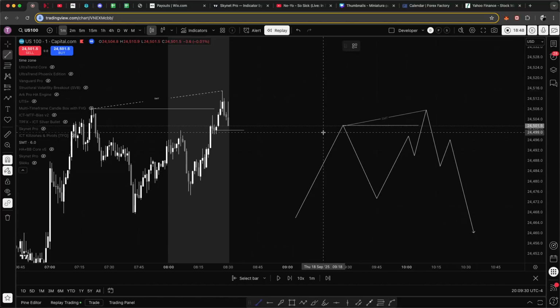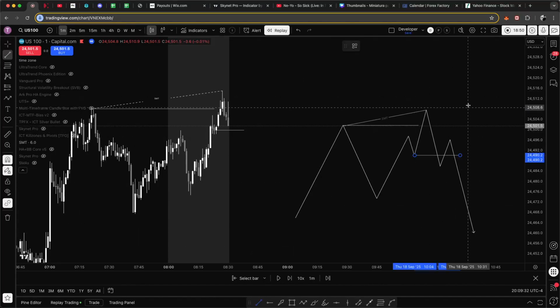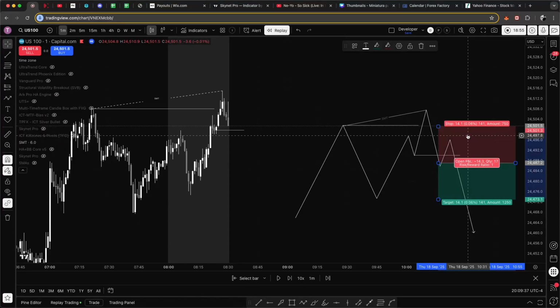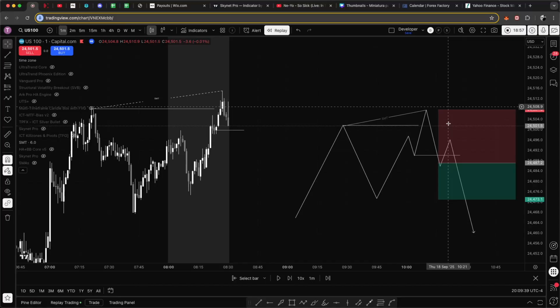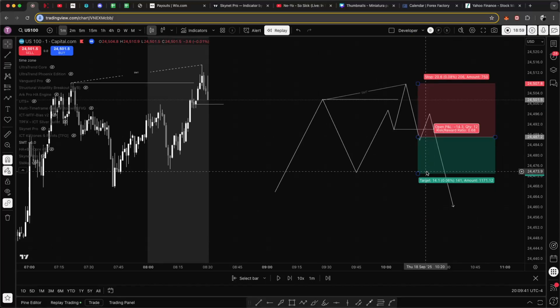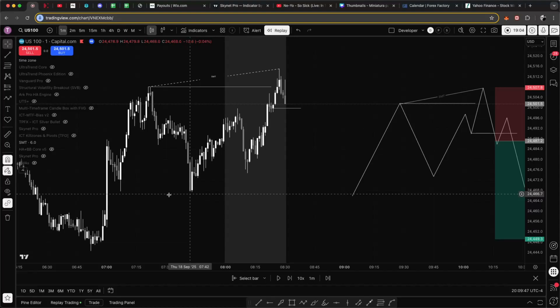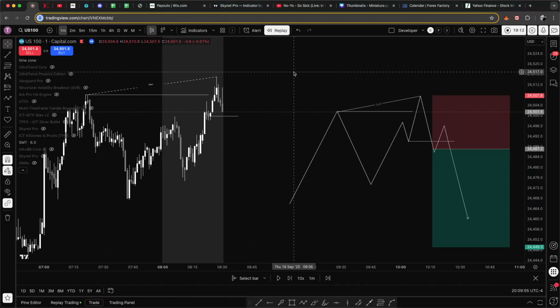In order to execute, if you have your change in the state of delivery, that's a beautiful confirmation. You can enter either immediately, or you wait for the retest and enter on the retest. Because I already know that I have a potential double bottom, that's a beautiful, obvious target.